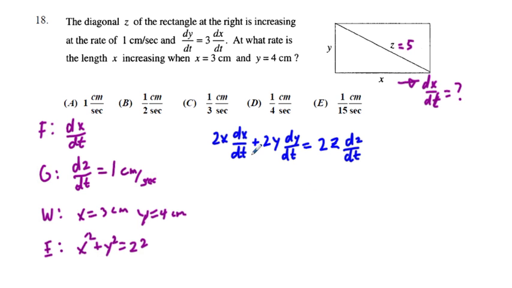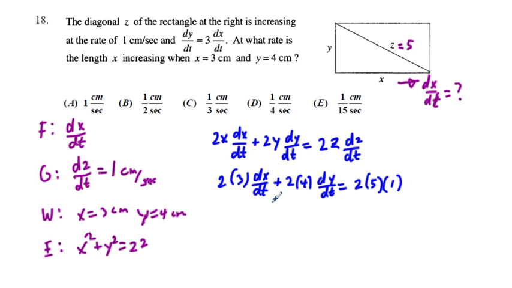Let's put everything we're given. 2x is going to be 2 times 3, since x is already 3, and dx/dt, plus 2 times 4, since y is 4, times dy/dt, equals 2 times 5, and we have dz/dt, don't we? dz/dt is 1 centimeter per second, so 1.